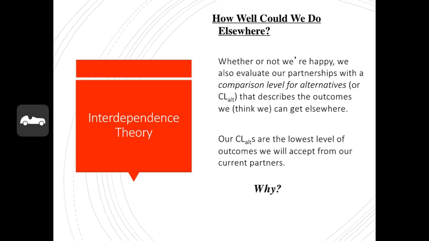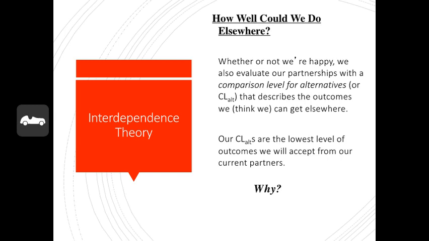Right? So even, and this is where interdependence theory is sometimes criticized as being very cold-blooded and calculated, because it says even happy couples, even someone that is very happy with their partner, who has a romantic partner who's very good to them and makes them feel all the good feelings that they want, they still are going to be scanning their environment for comparison levels for alternatives.